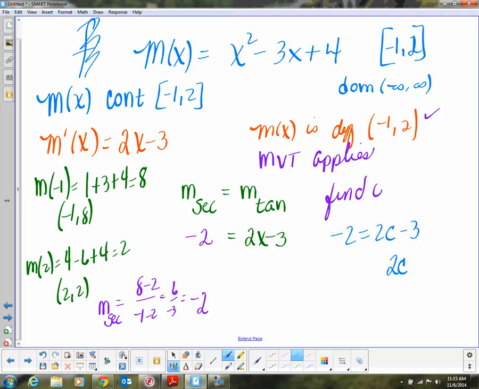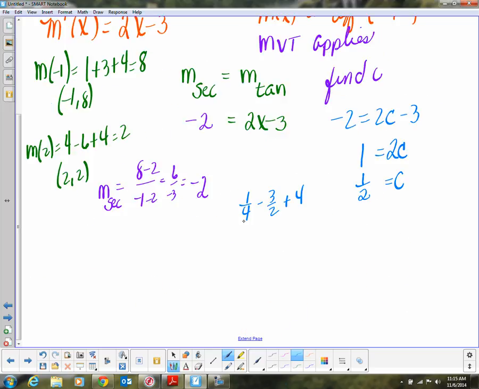You're going to add 3, and c is 1/2. Now what if you needed the y value? You're going to have 1/4 minus 3/2 plus 4, or 1/4 minus 6/4 plus 16/4, or 11/4.